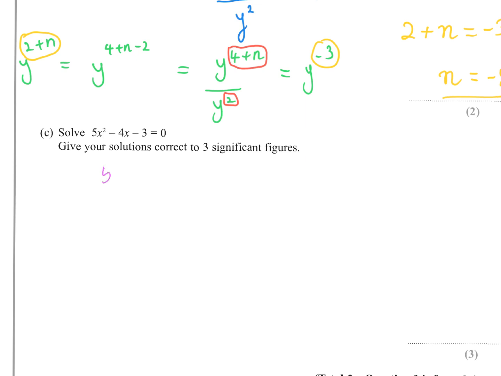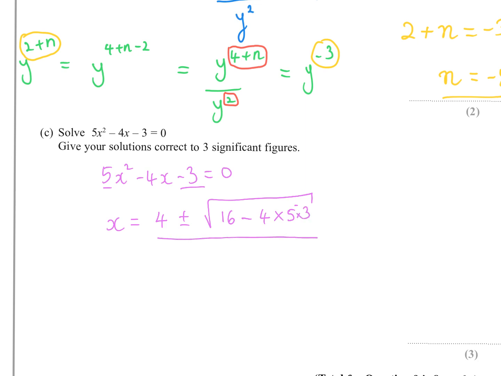So if we have 5x squared minus 4x minus 3 equals 0, then we can say x is minus b, so minus minus 4 is 4, plus or minus the square root of b squared, well, negative 4 all squared is 16, minus 4 times a, which is 5, times c, which is negative 3, all over 2a.